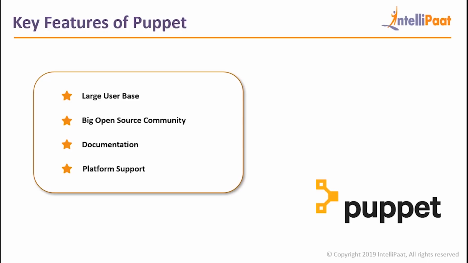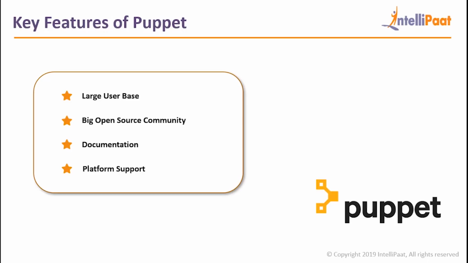Because if a tool is privately owned by a company, the work that happens on that tool versus what is happening on Puppet is going to be slow. Reason being, there are a lot of people working on Puppet, a lot of enthusiasts who are not being paid, they're just doing it because they love their profession and they love working on this tool, Puppet. And out of that love they create features, they resolve bugs.